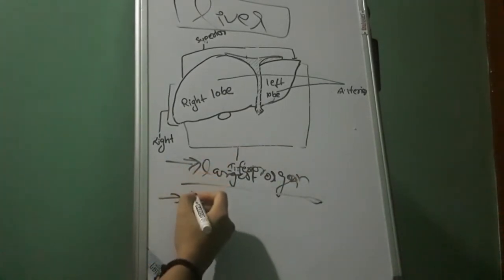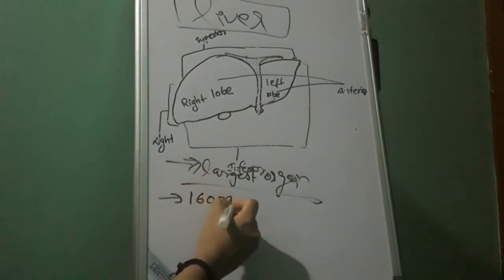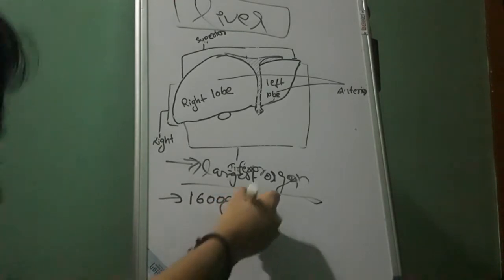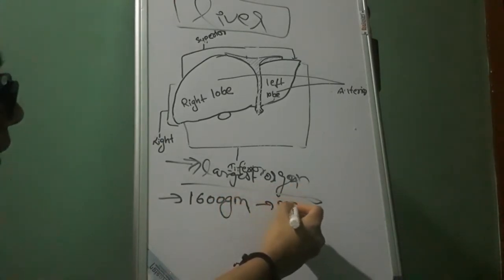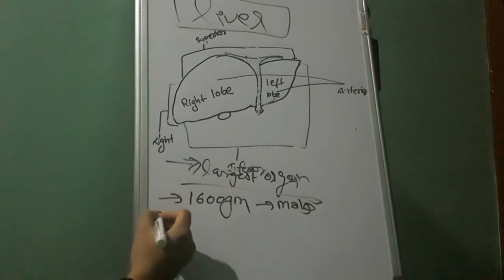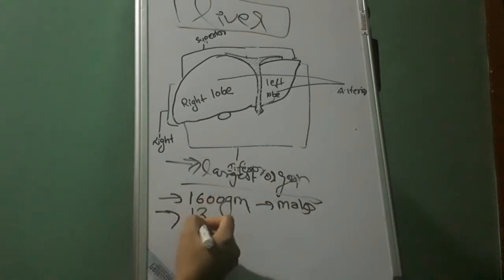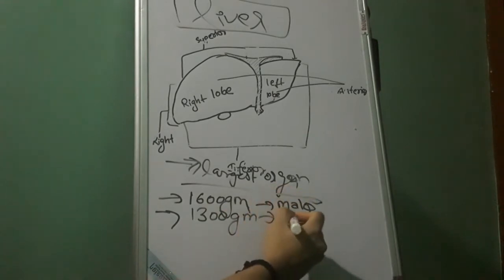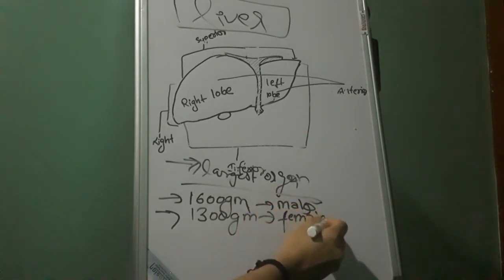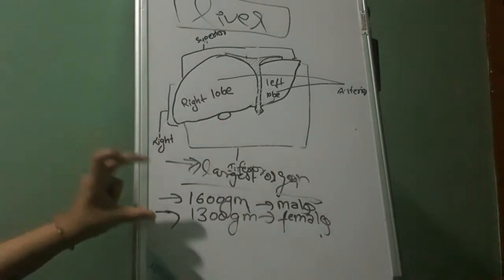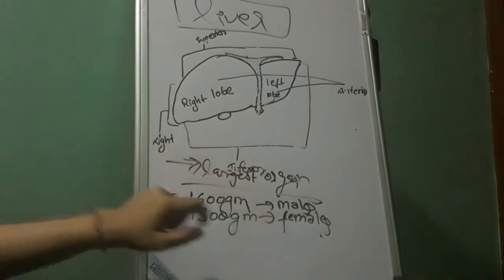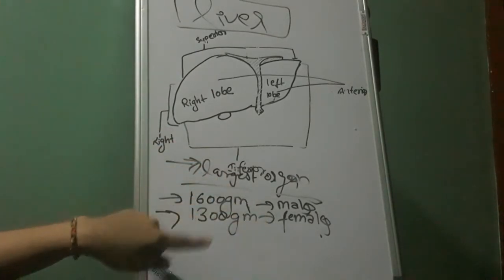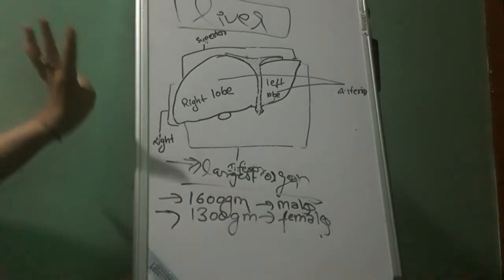It weighs 1600 grams in the case of the male, whereas in the case of the female it weighs 1300 grams. It is the largest organ and it weighs 1600 grams in males and 1300 grams in females. This is the anatomy of the liver.